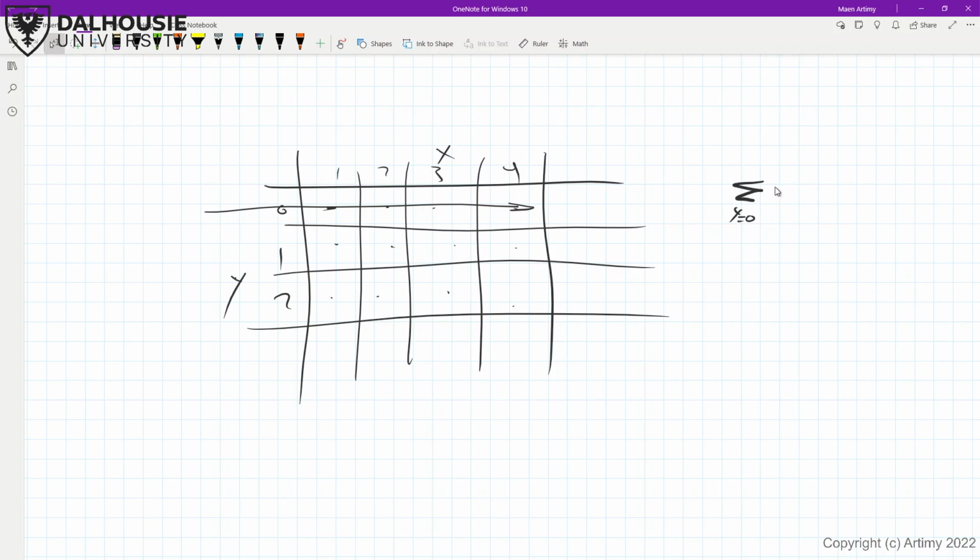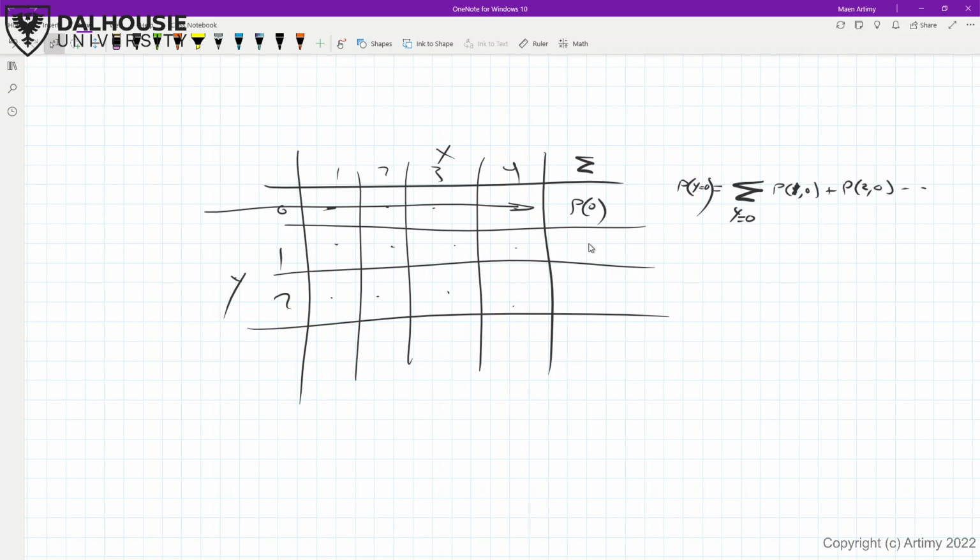But now I'm calculating p(1,0), p(2,0), and so on, right? So I'll end up with the probability. This is actually the probability of y equal 0. So that's the sum, and this will be the probability of 0.